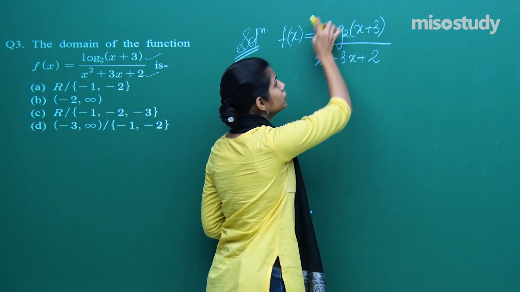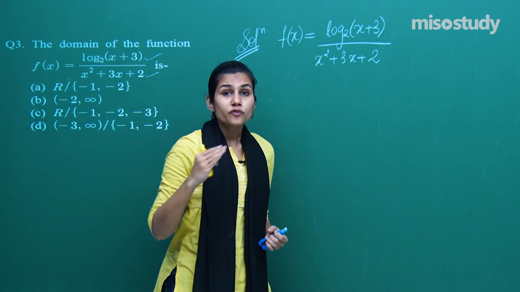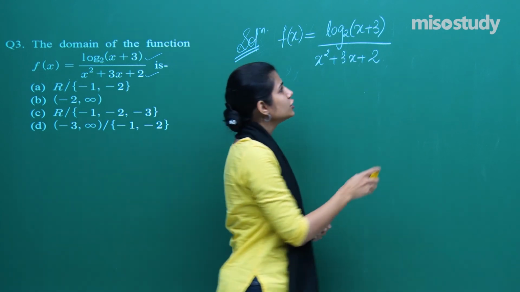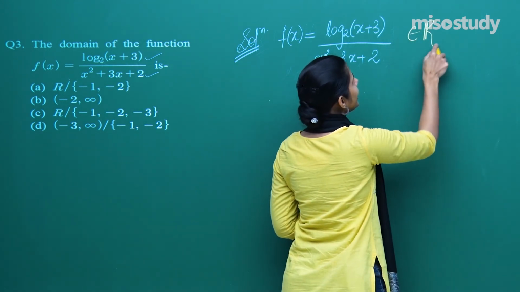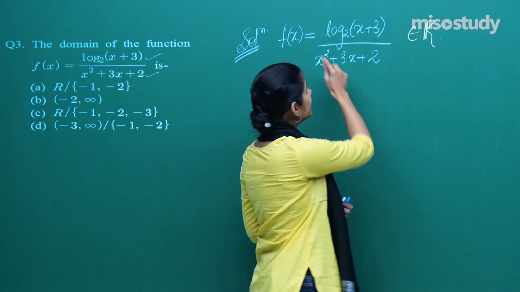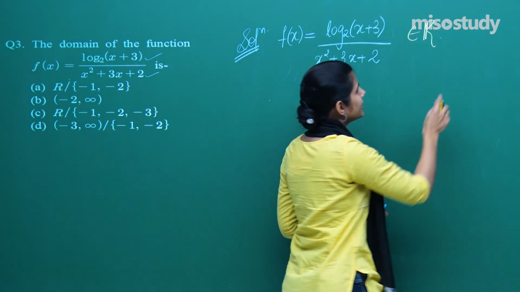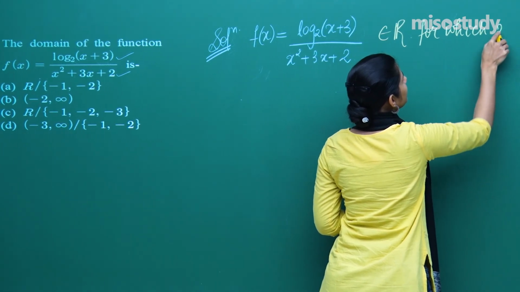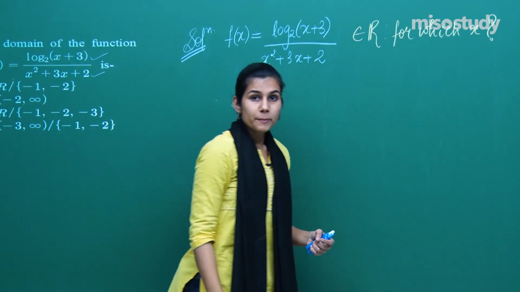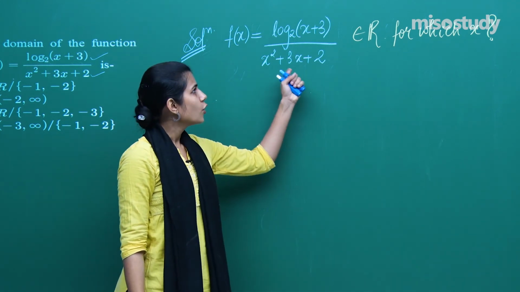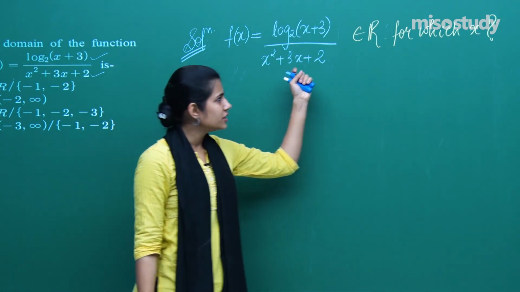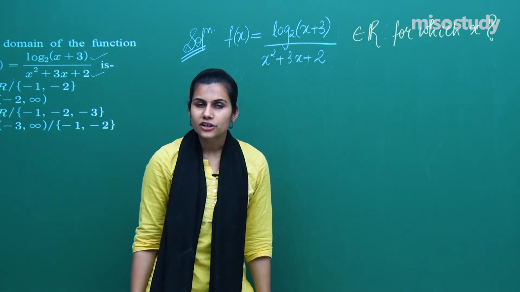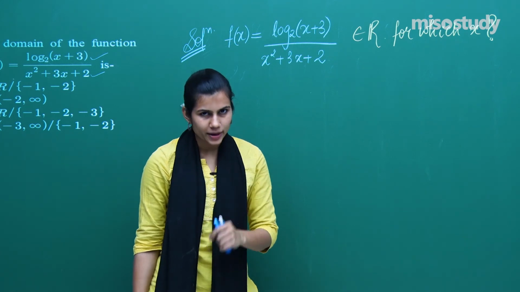For this expression to be defined, I have to find out for which x this expression sits inside R, because only those x's which deliver this expression inside real numbers are going to get an entry in the input set of f, known as the domain of f.